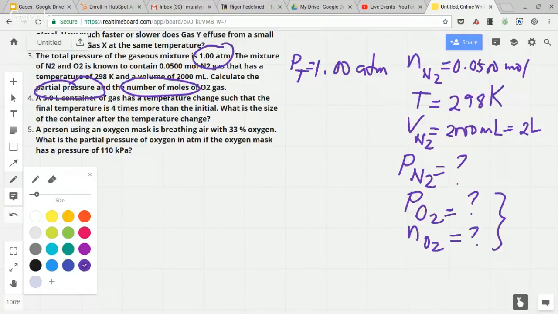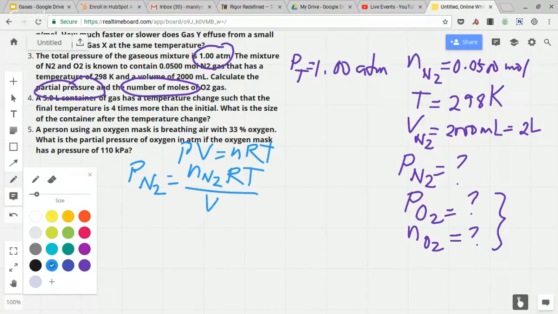We get the moles of O2 from the partial pressure of O2 using the ideal gas law. I hope you got me. So the first step is to get PN2 using the ideal gas law. The ideal gas law again is PV equals nRT. So to get PN2, that is just the n of N2 times R times T, over the volume of the container, which is 2 liters.